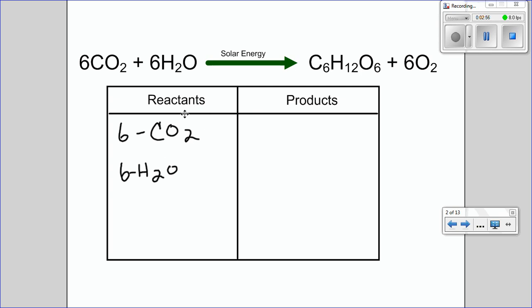So 6 water molecules and 6 carbon dioxide molecules chemically combine with the energy provided from the sun to give us 1 glucose molecule, 1 C6H12O6 molecule, and 6 oxygen molecules. These are the important players in the chemical reaction of photosynthesis: carbon dioxide and water, glucose and oxygen.